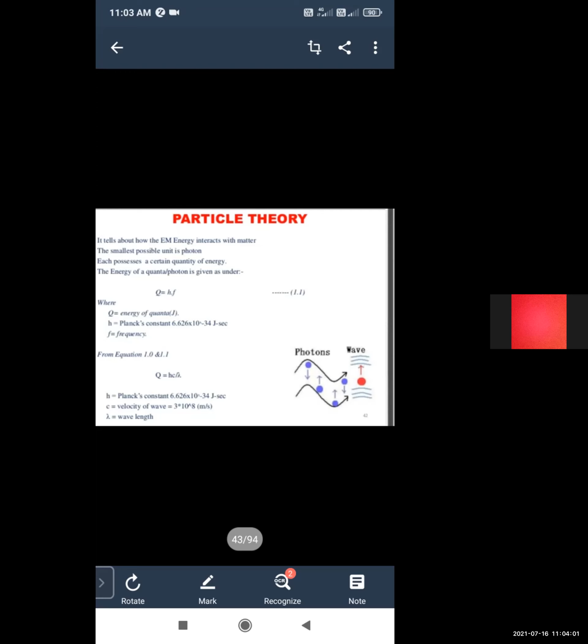The energy of quanta or photon is given as Q equal to Hf, where Q is the energy of quanta, H is the Planck's constant, and F is the frequency of the wave.